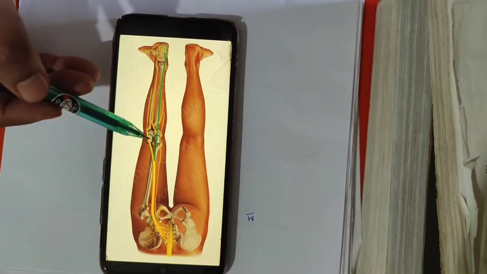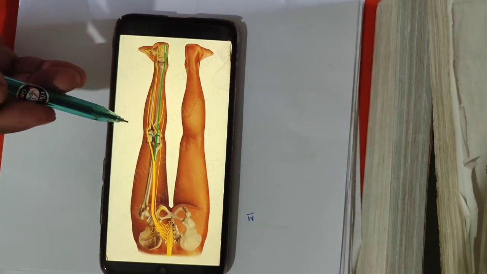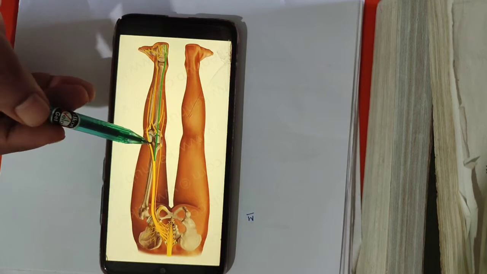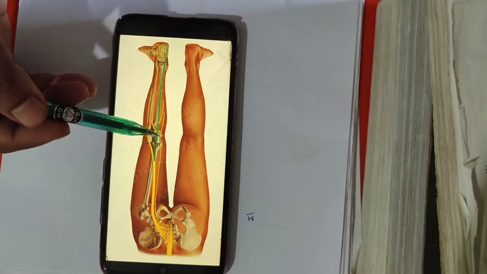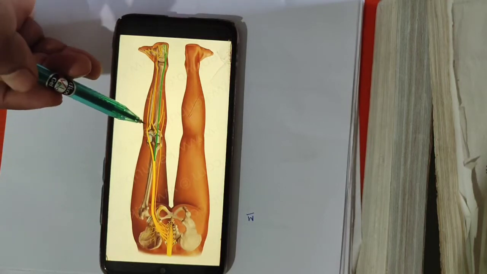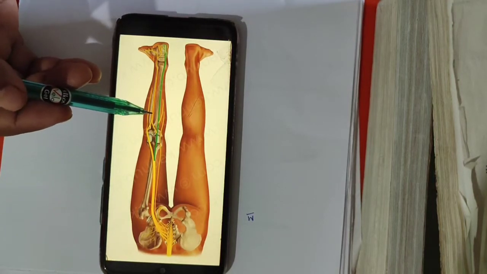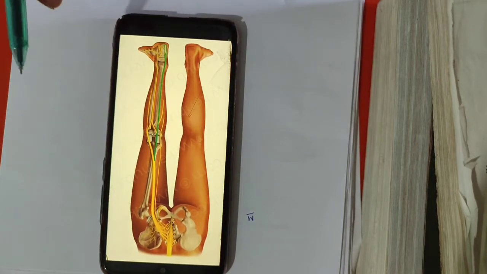As the nerve approaches the distal aspect of the popliteal fossa and runs downwards, it becomes medial to the popliteal vessels and passes deep to the head of the gastrocnemius muscle.